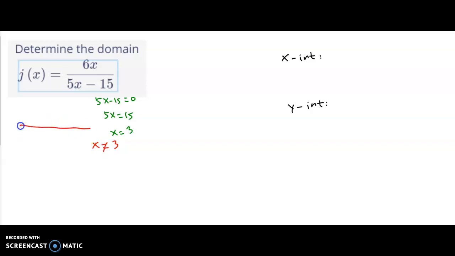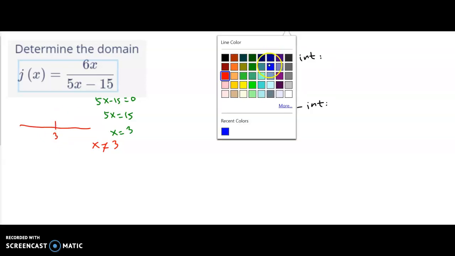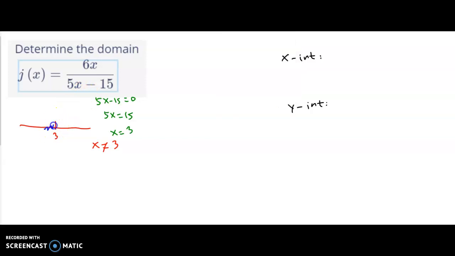If you have a number line, right? If you have 3, you can have anything to the left of it, and you can have anything to the right. You can plug those in for x, but at 3 you cannot plug in 3, all right?